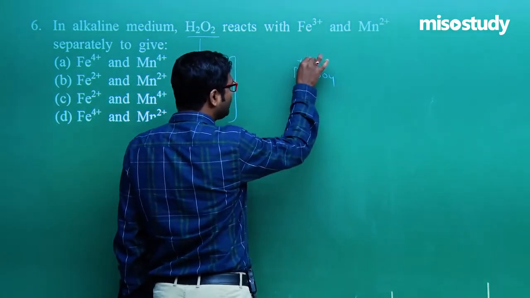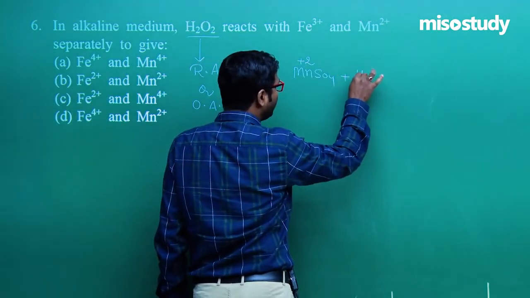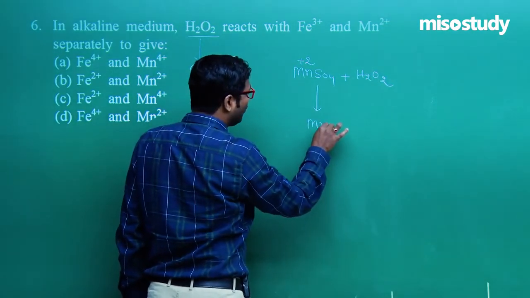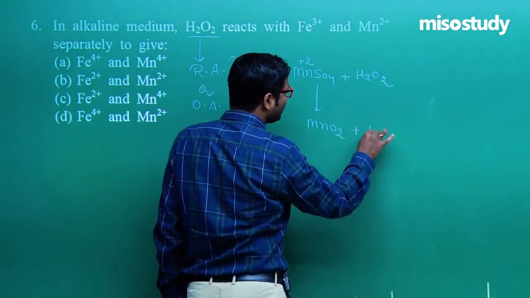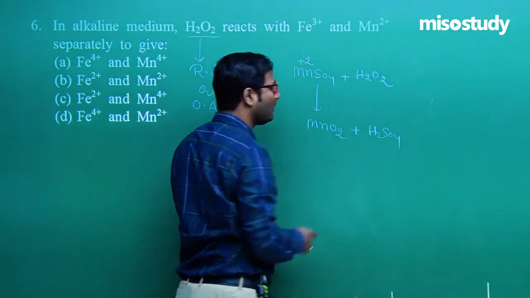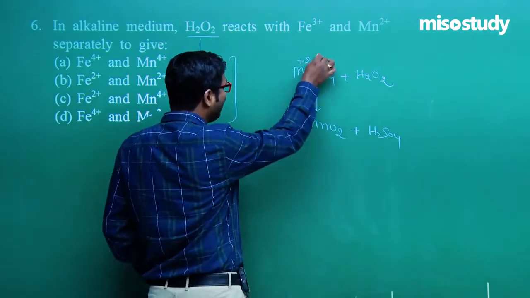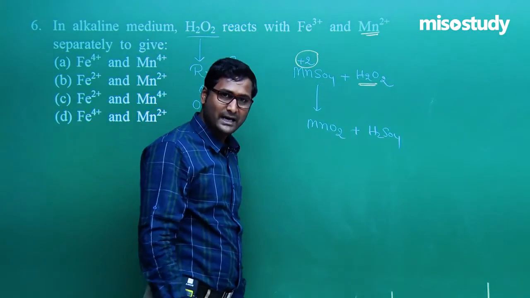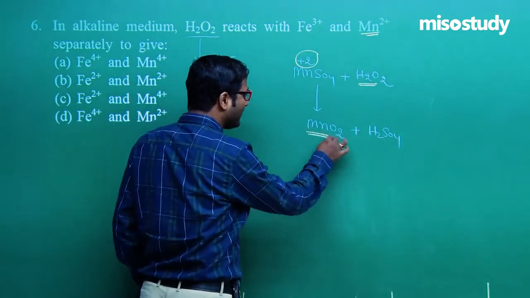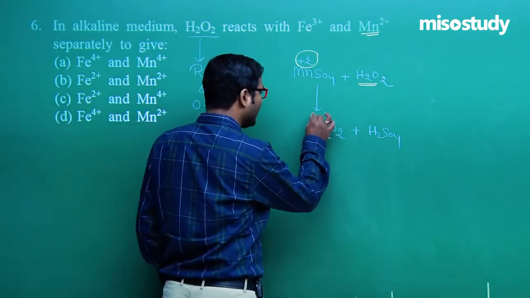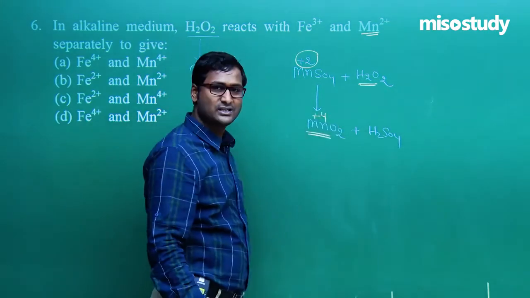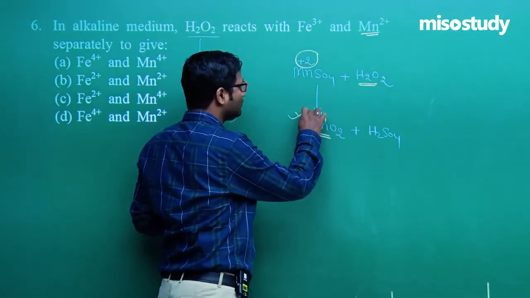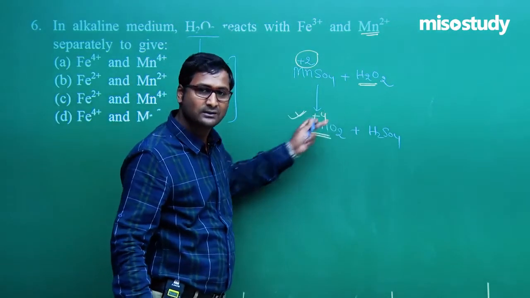Here Mn is in +2 oxidation state, and when treated with H2O2, it forms MnO2 plus H2SO4. This is the general reaction. Here Mn is +2 according to the question. When it reacts with H2O2, it forms MnO2. Here Mn is in +4 oxidation state. So the conversion of Mn will be +2 to +4. This is a general reaction.